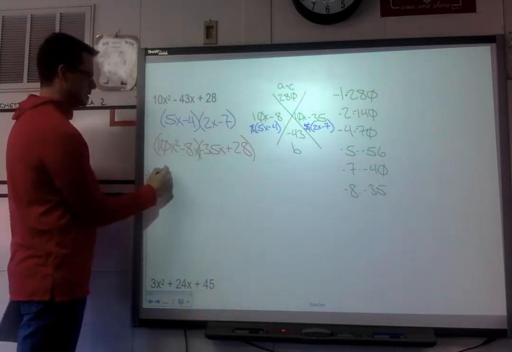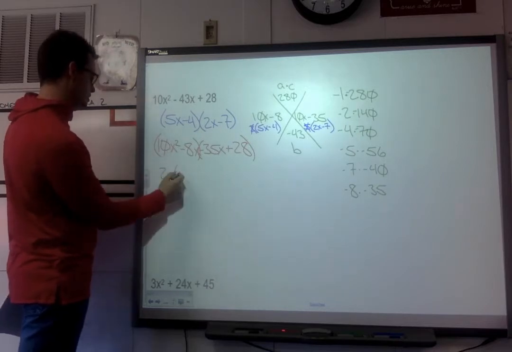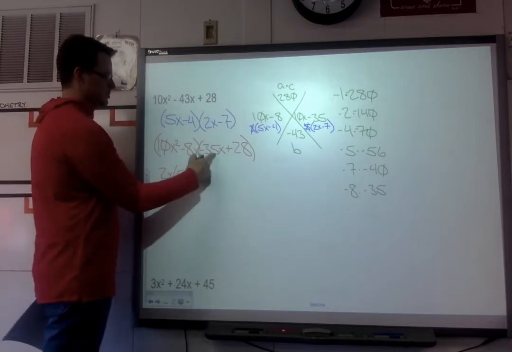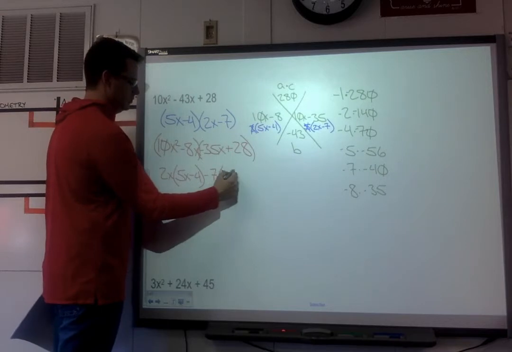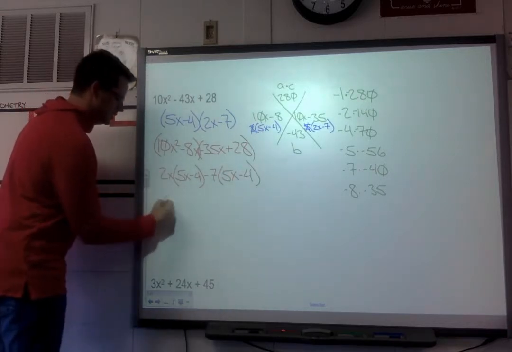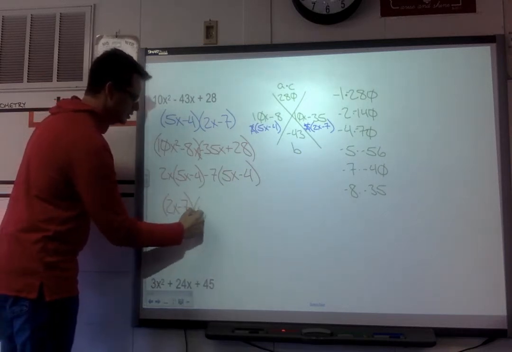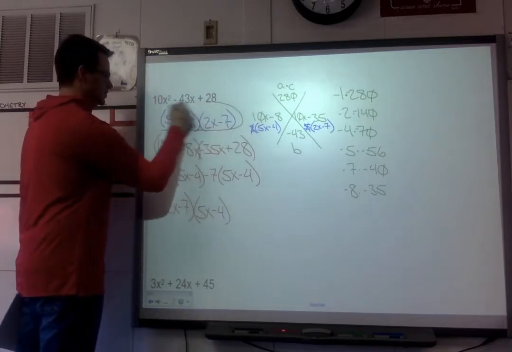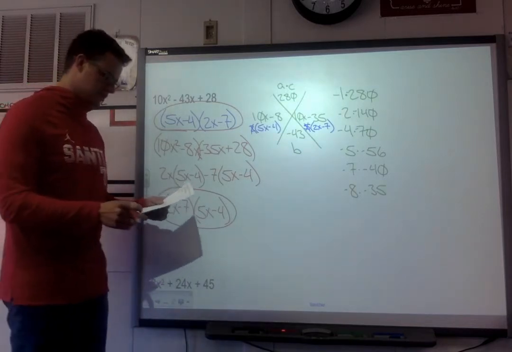I can take a 2x out of my first group and I'm left with 5x minus 4. My second group, I can take out a negative 7 and I'm left with 5x minus 4. And then put my terms together. I've got 2x minus 7 times 5x minus 4. So same answer there, and there, two different methods of doing it.